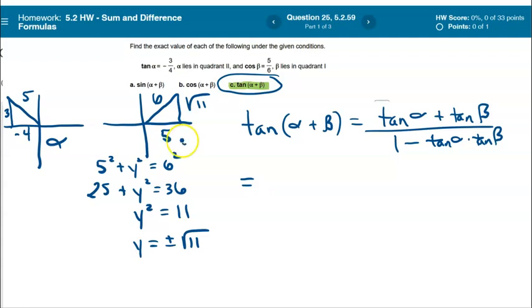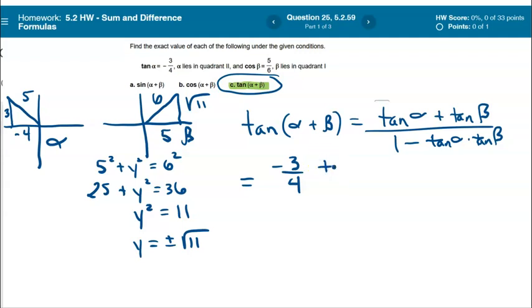So remember, this is the alpha picture on the left, so we're going to use that information to fill in for alpha, and then on the right is my beta triangle. So tangent of alpha, remember it's opposite over adjacent, so that's -3/4, and that value was given in the problem also. So you can either use your triangle or the given value, plus tangent of beta.